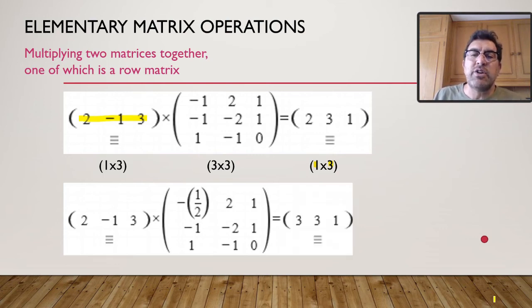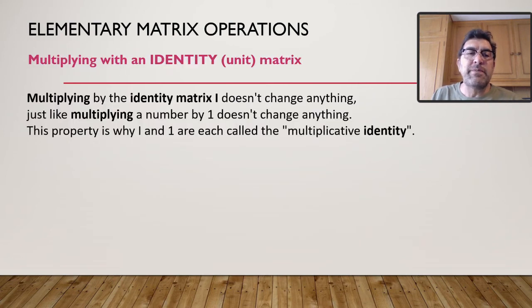Okay, so you were supposed to get the row answer, the row matrix 3, 3, 1. One row, 3 columns. Okay, so let's continue multiplying with the identity or the unit matrix. Multiplying by the identity matrix I does not change anything.